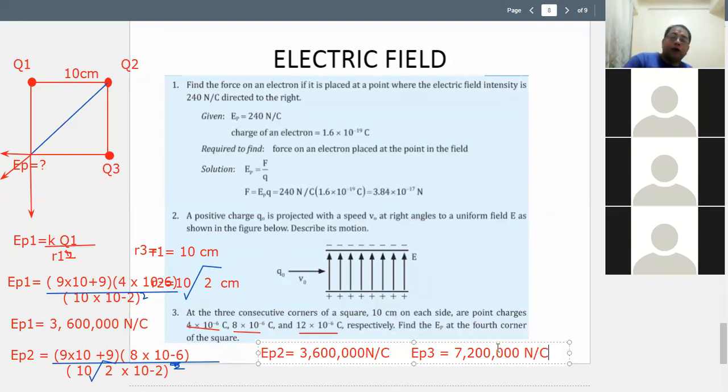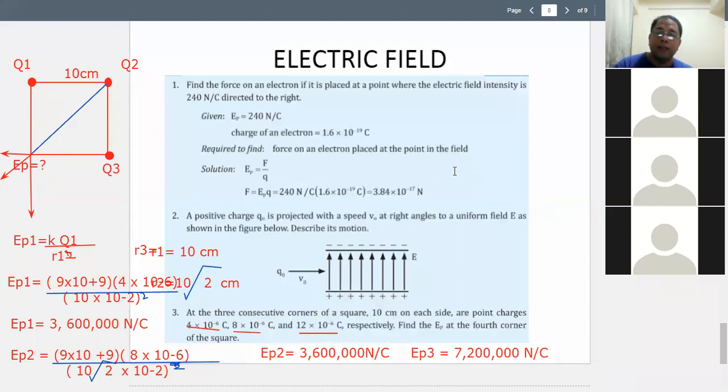Now, if you are dealing with three different directions, then you can use your component method to find the resultant value. All those lying on the x-axis will be combined together, and those lying along the y-axis will be combined together as well.